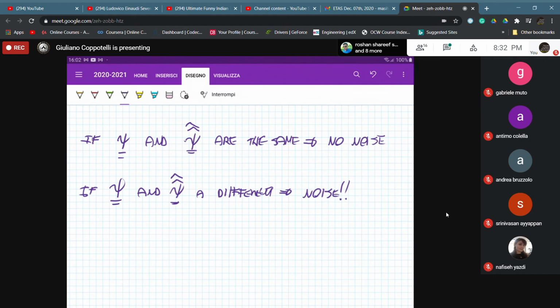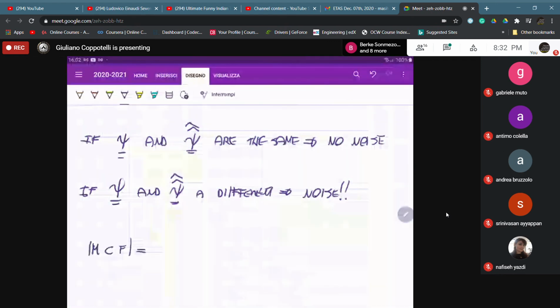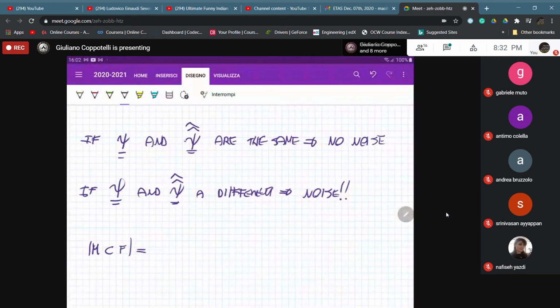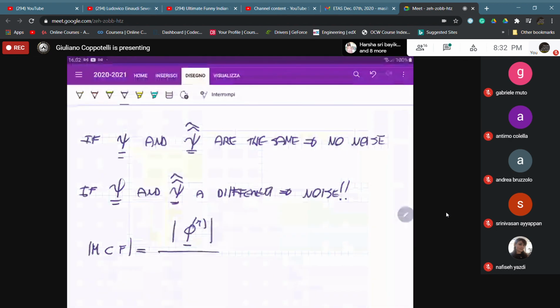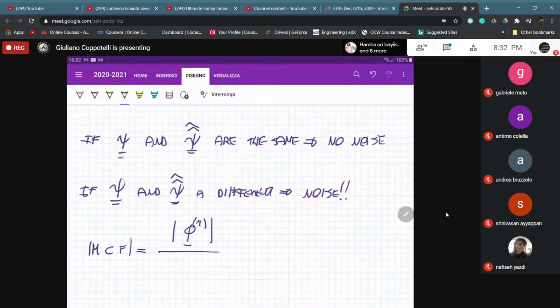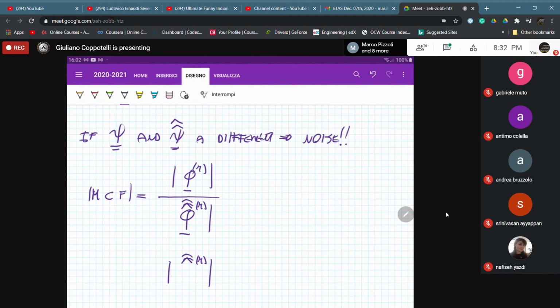And in order to do that, we evaluate the modal confidence factor in terms of amplitude as the ratio between the R mode in amplitude with respect to the corresponding double hat mode R in amplitude. And we can consider also the phase of the modal confidence factor as the phase change between your R mode and your double hat R mode.